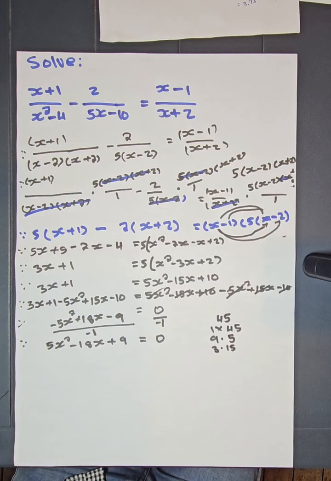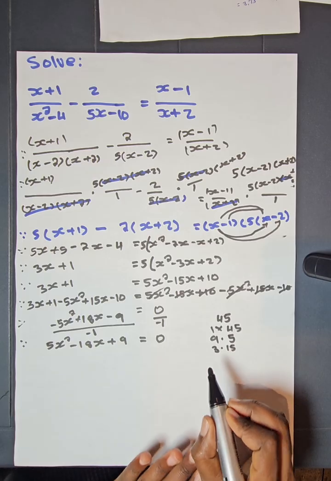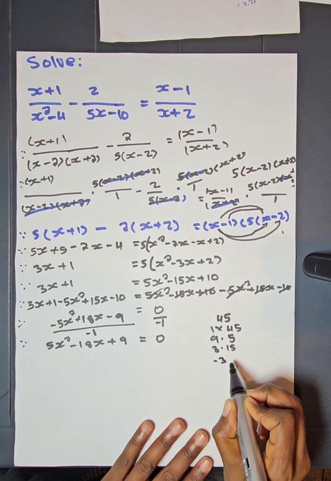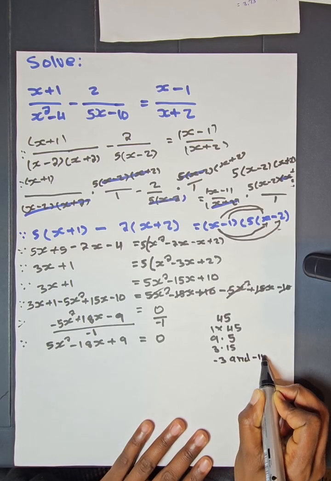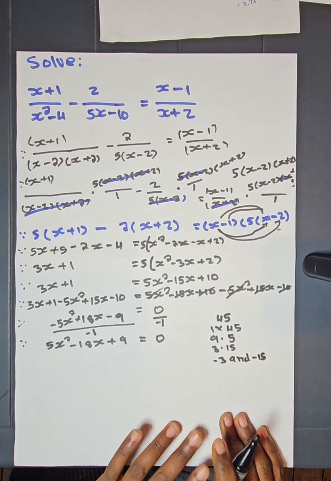Now we need to check which two factors or pairs can make minus 18. Yes, minus 3 and minus 15 can make minus 18.